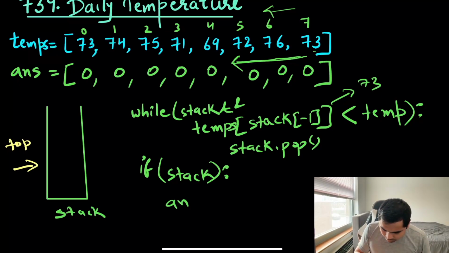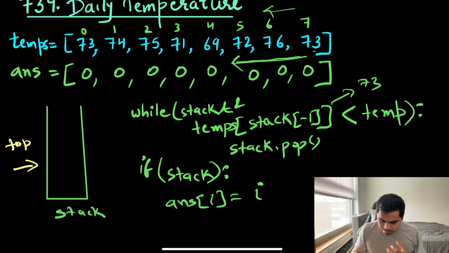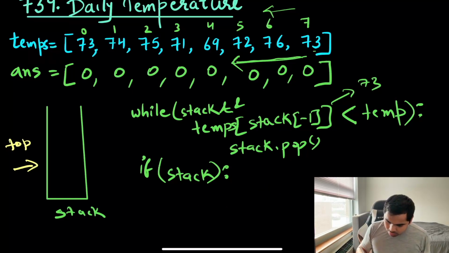So the answer I, the index that I saw must have been the top of the stack. Stack top will give me the topmost index. You can't see this, so I'll just write it a little over here.